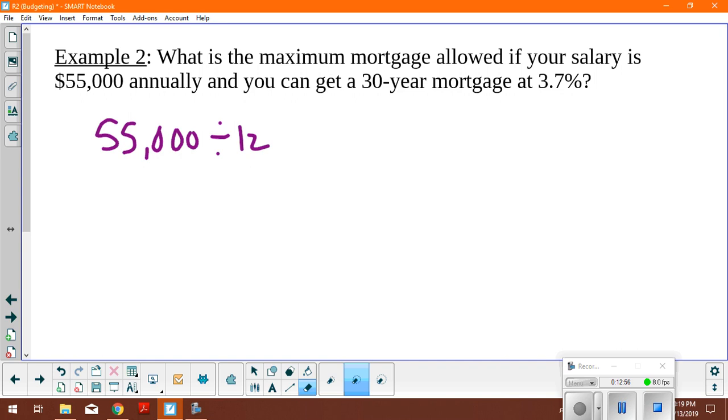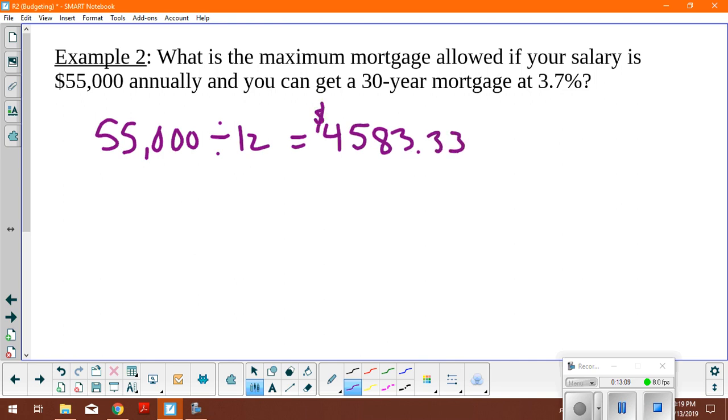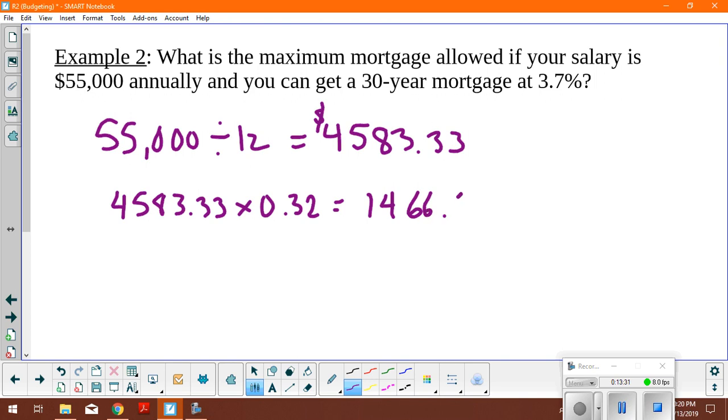So that is $4,583.33. Okay, and now I need to find 32% of that, which is 1466.67.